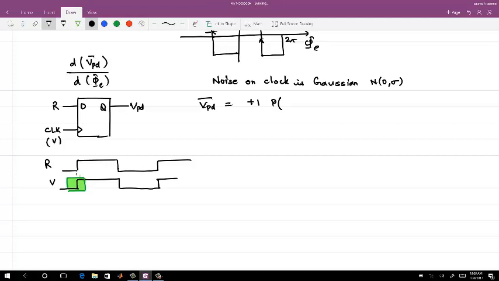Now I'm saying the locking point is at the absolute time reference. If there is any phase error between R and V, this is the phase error corresponding to delta T. The same noise will be existing over here.